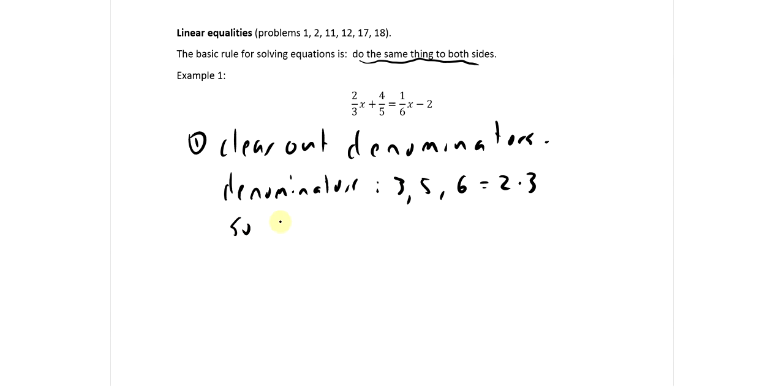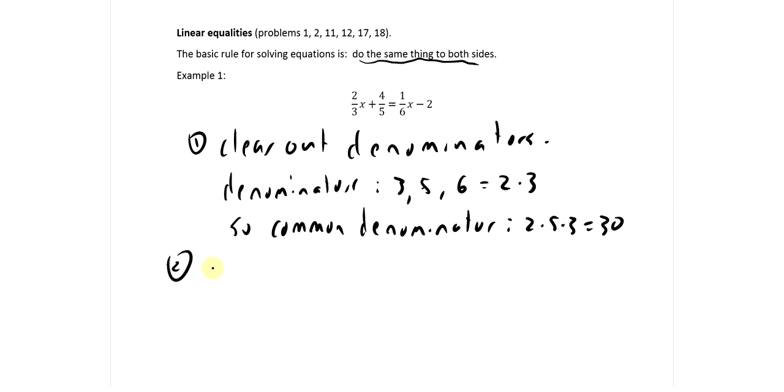So my least common denominator would be 2 times 5 times 3, and that's 30. But rather than having everything in a fraction, what I can do with this 30 is multiply both sides by 30.